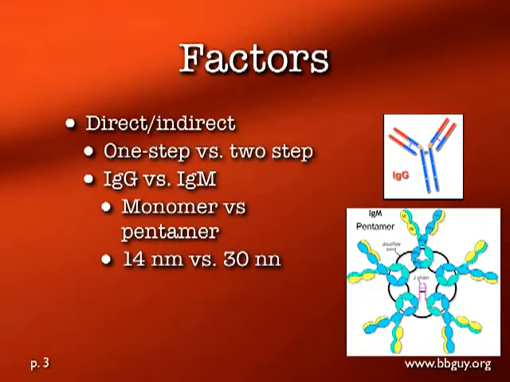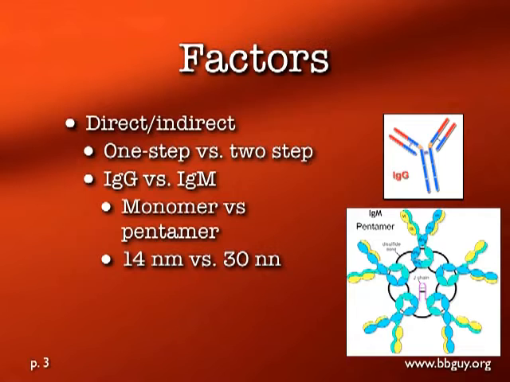Finally, let's talk just a little bit about direct versus indirect agglutination. We kind of alluded to this before. Direct agglutination is a one-step process. Basically, antibody binds to at least 2 red cells at once in the case of IgM and forms bridges right away. That happens much more commonly with IgM. You can see IgM is a pentamer, IgG is only a monomer, and IgM has a wider diameter and can bind to more things.